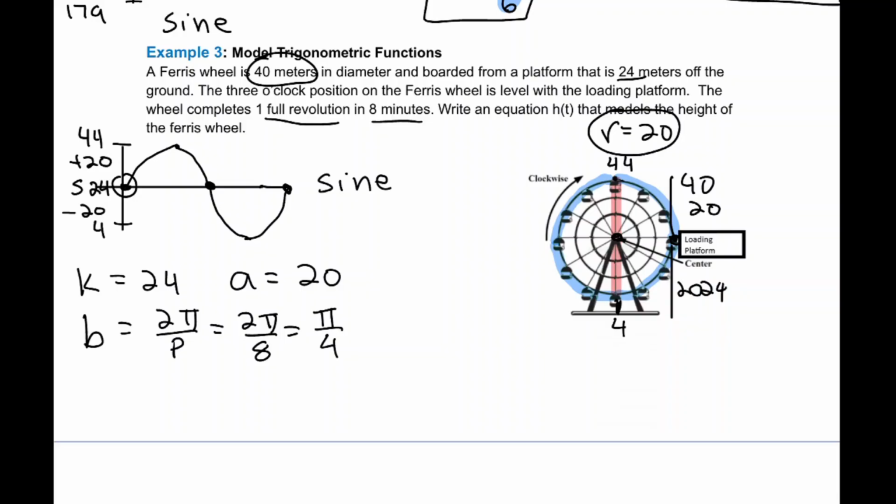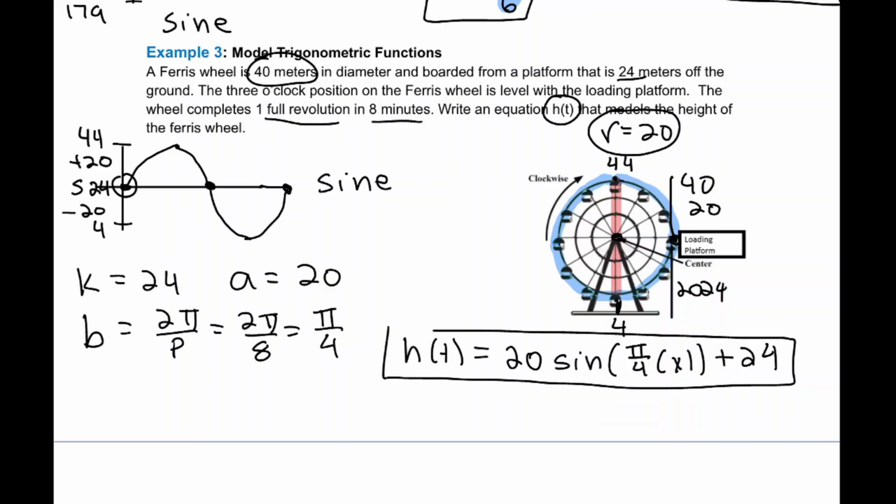So for my equation, they wanted me to write it as h of t. So h of t is going to equal A sine of Bx plus k. So again, however much this goes up or down by, that's my A. That's the number you want to pull in front.